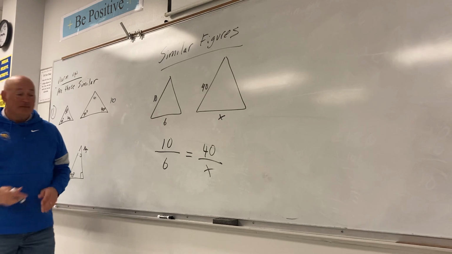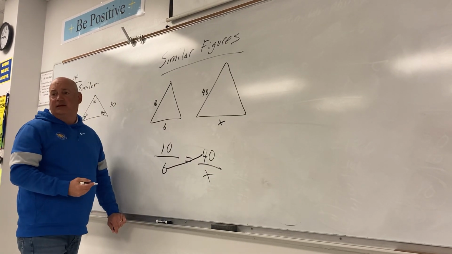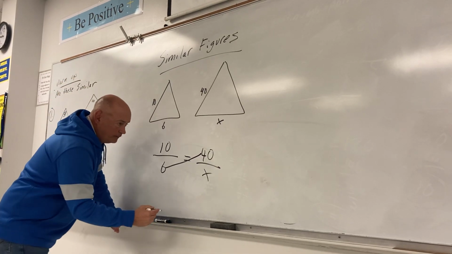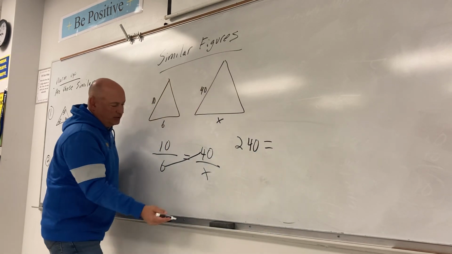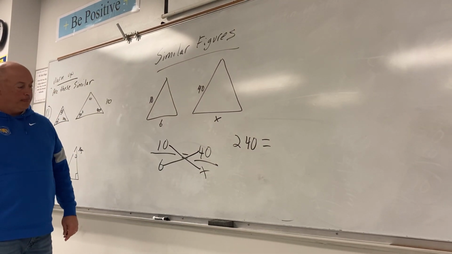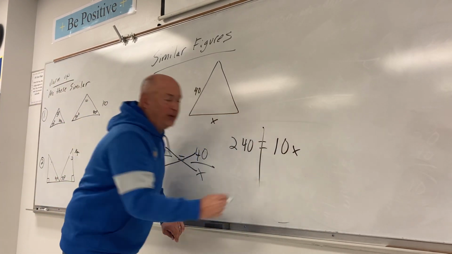Are you with me? So you're going to multiply this times this. That was the bat. Are you with it? So what's 6 times 40? 240. So we can make an equation. 240 is equal to this times this. What's 10 times x? 10x. And now look what we got. We got an equation that we can solve.